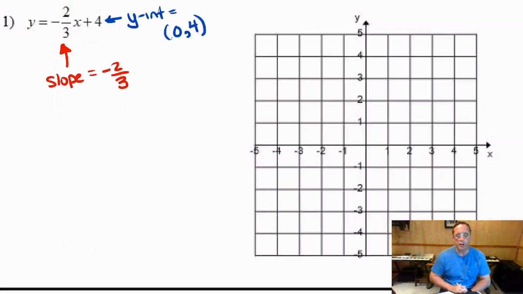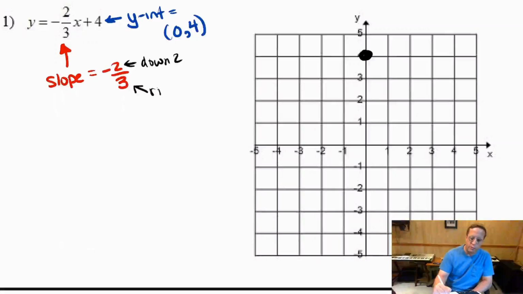I'm just using an ordered pair there. That just means it goes through the y-axis at 4. So if we graph this, there's your y-intercept. That's where you start. Start with your y-intercept, and then using your slope, draw some more points. So our slope is -2/3, which means down 2, right 3.